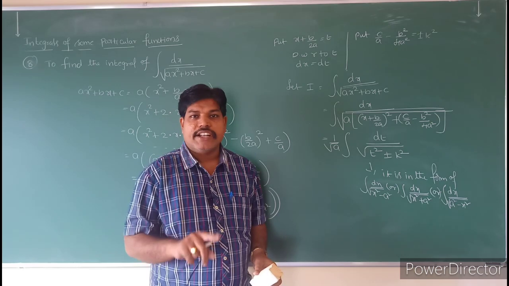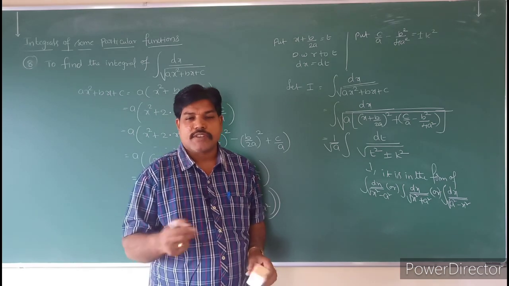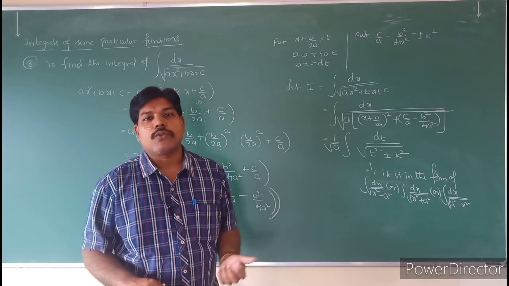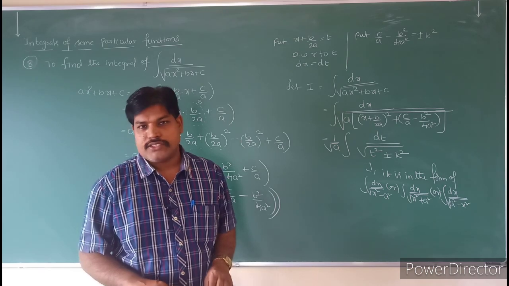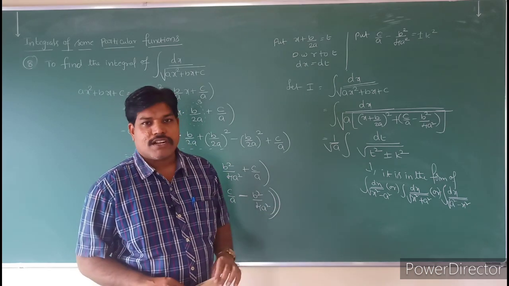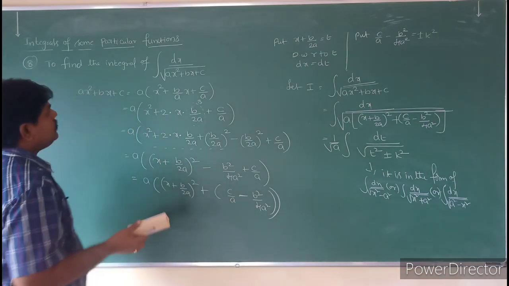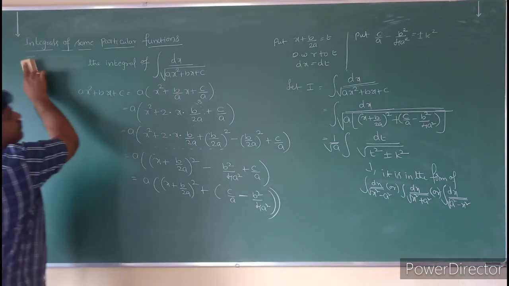Okay, so the first one is integral of dx by ax square plus bx plus c, and the second one is dx by root of ax square plus bx plus c. So these two models, understand that. And see the next model.